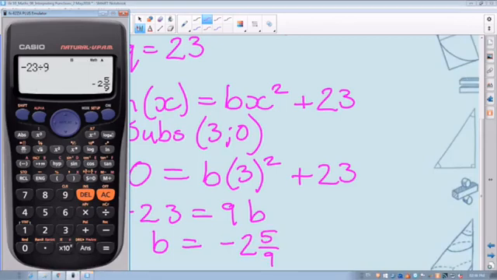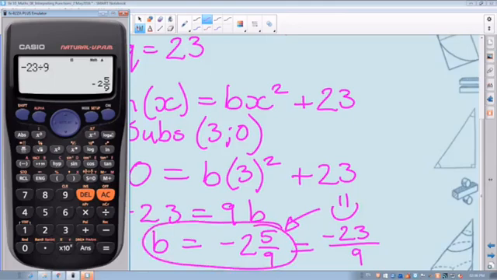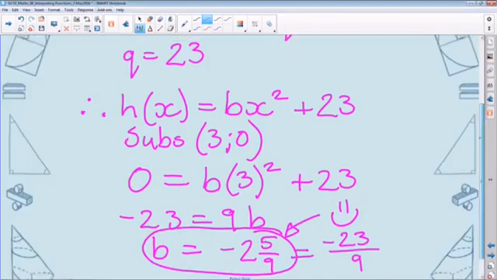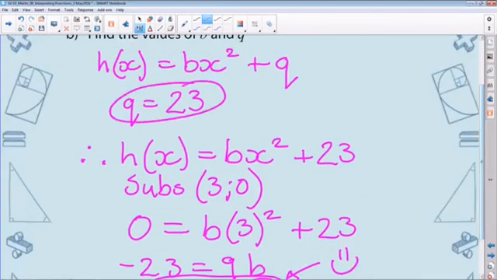Did I really have to do that? No, not really. It's the same as writing -23 over 9, but that just looks nicer. So those are my answers. b is equal to -2 and 5/9, and q is equal to 23.